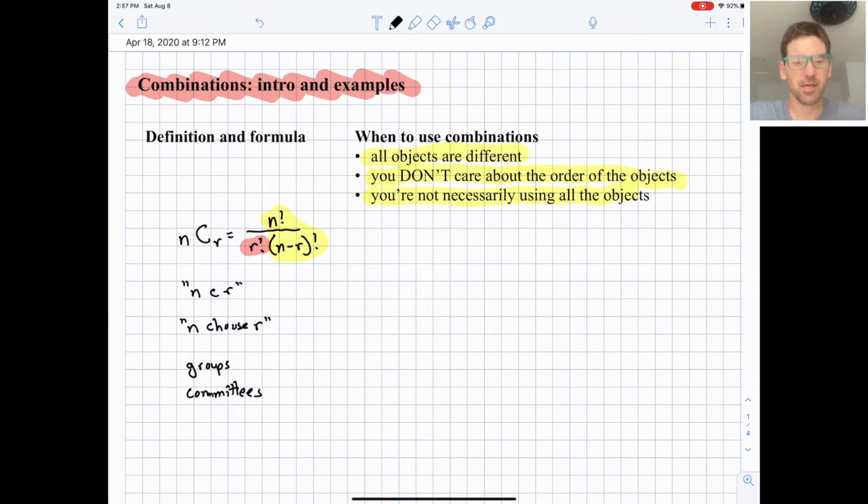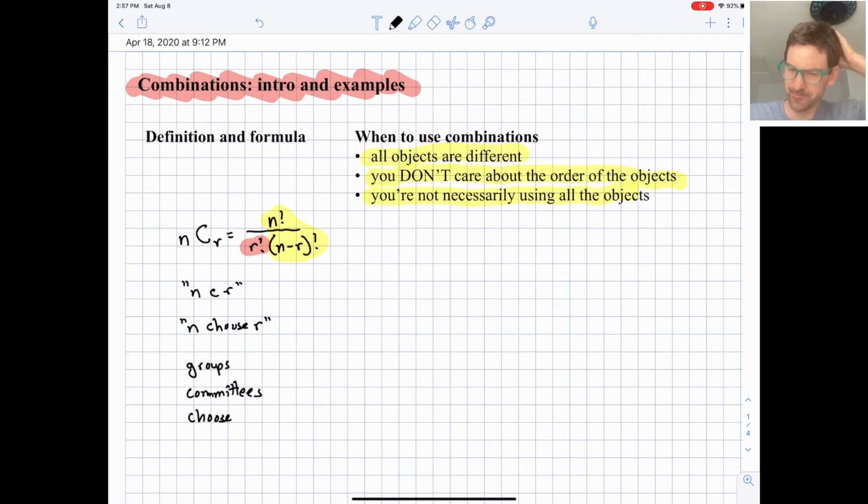Groups or committees or choose. So I'm going to try to be really careful in this class, in these videos, that if I ever say the word choose, I'm going to be referring to combinations. If I say the word pick, I'll be referring to permutations. And if I don't want you to clue in on which one we're talking about, I'll usually say the word select, okay, if I don't want to give it away.